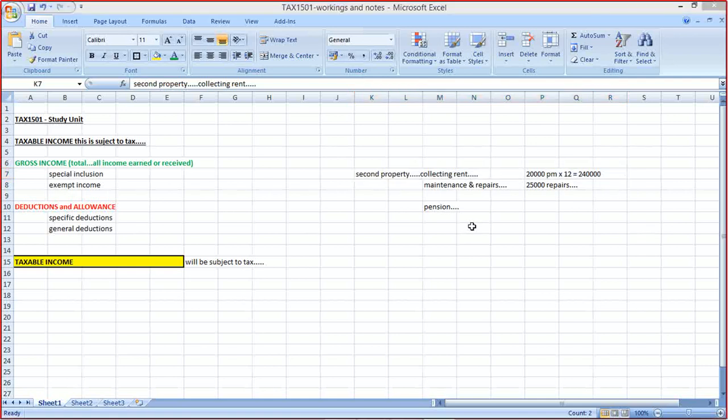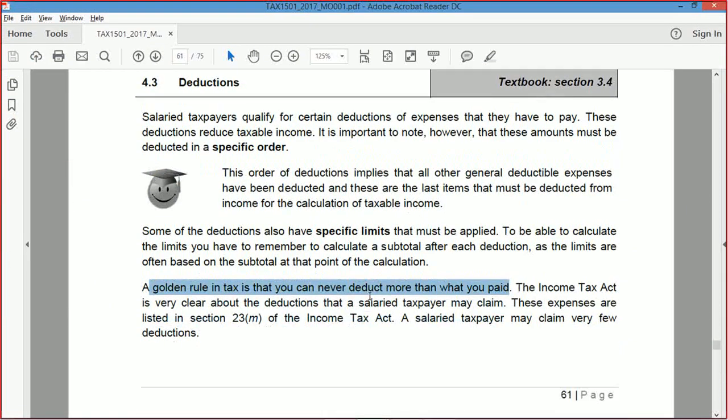Yeah. So coming back to the textbook study guide, they talk about these expenses listed in section 23 of the Income Tax Act. They're very clear about the deductions. Remember, tax is all about the law, about rules. We need to follow the rules. So when looking at the Income Tax Act, the act specifies what you can and can't claim.